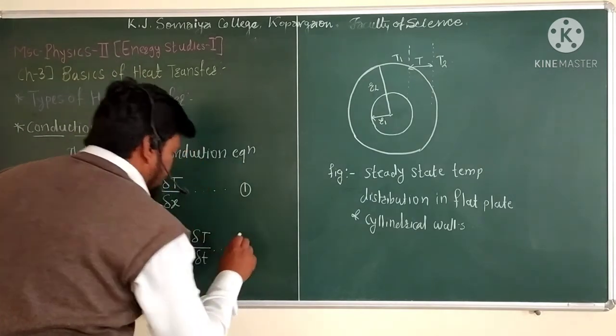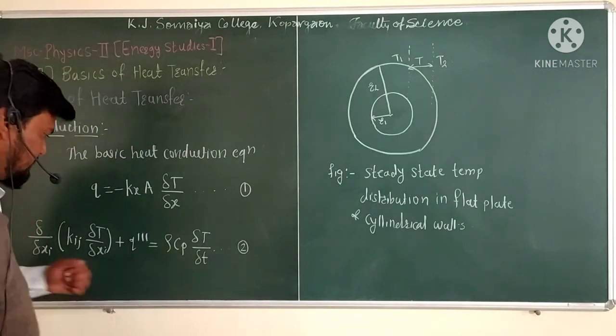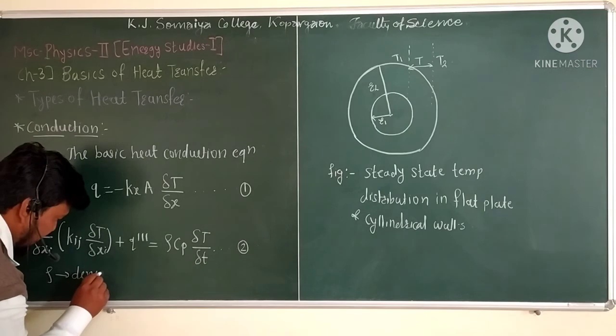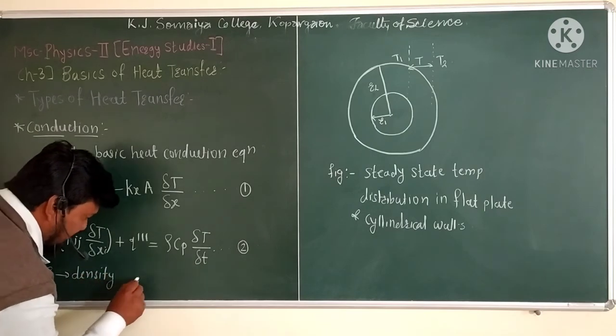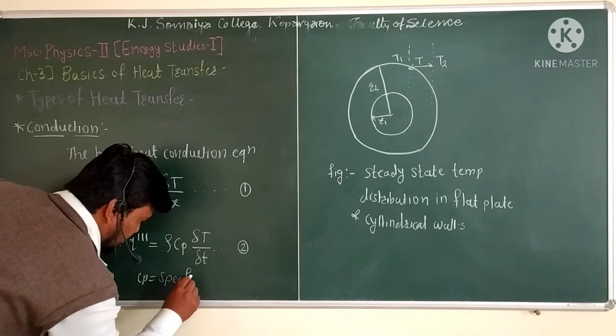This equation was also seen in the last lecture. Here rho is the density, and Cp is the specific heat.